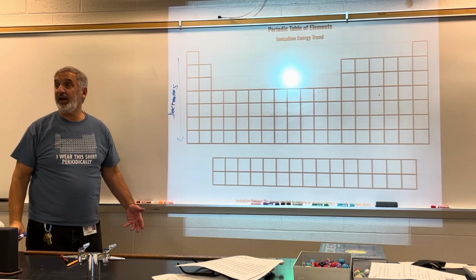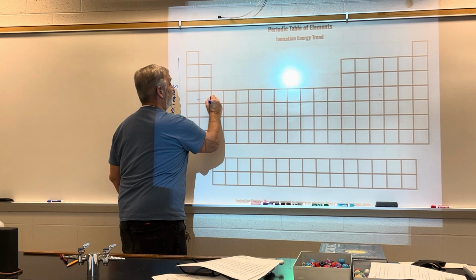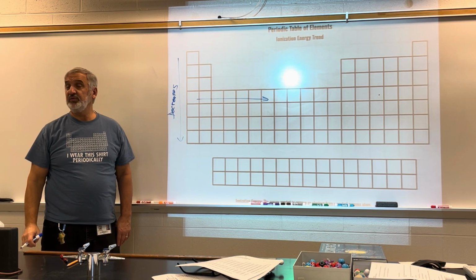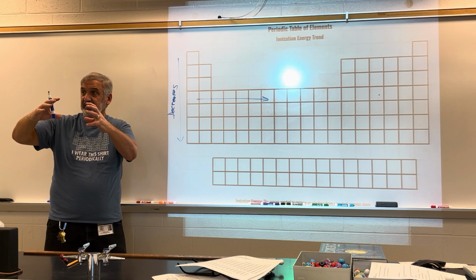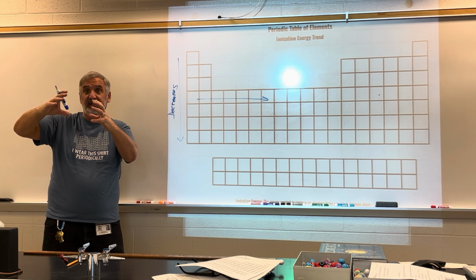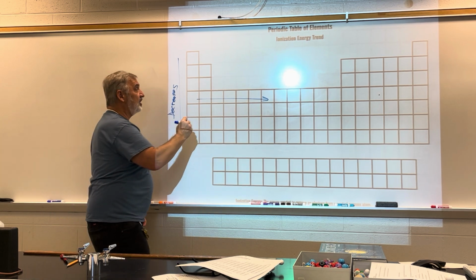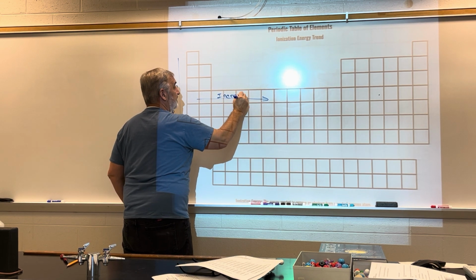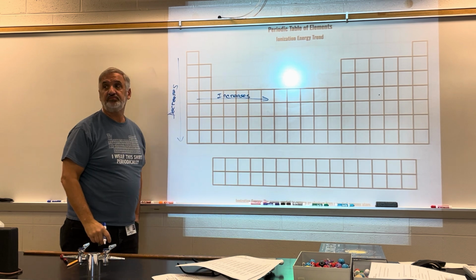Now as we go left to right in a period, what happens to the size of the atom? So what does that mean about the electron cloud? It's getting held more tightly every time, so it's stronger. So the ionization energy increases left to right.